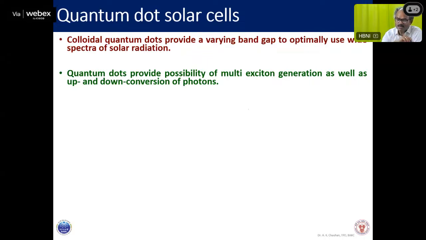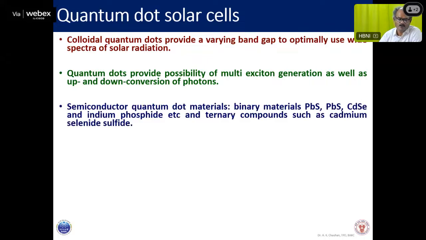So you vary the band gap depending upon the size of your clusters. Quantum dots provide the possibility of multi-exciton generation as well as up and down conversion of photons. Since you have a wide band gap, you can have all these possibilities.